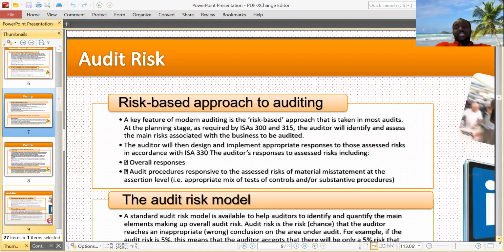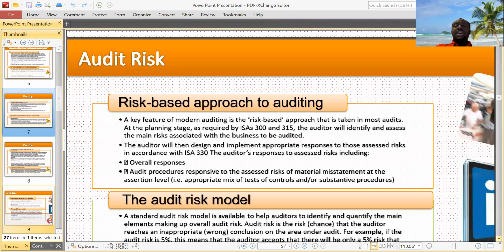Now, let's talk about risk. There's what we call the risk-based approach to audit. A key feature of modern auditing is the risk-based approach that is taken in most audits.